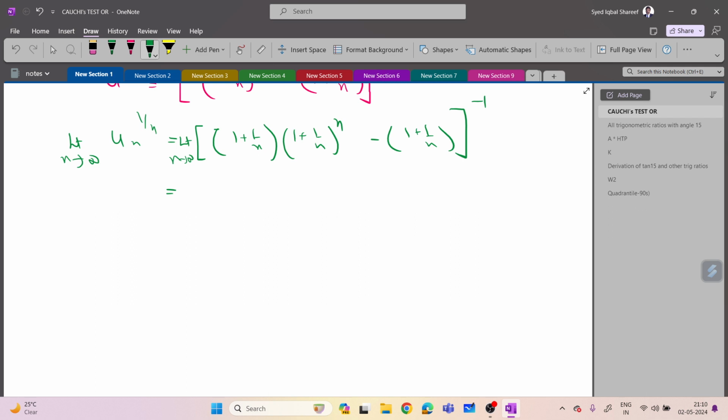So this is 1 into e minus what is this? 1 whole to the power of minus 1. So e minus 1. E is 2 point something, so e minus 1 is less than 1. Less than 1 means the given series is convergent. Therefore, un is convergent. How can you say convergent? By Cauchy root test, because we are doing all the problems based on Cauchy root test only.